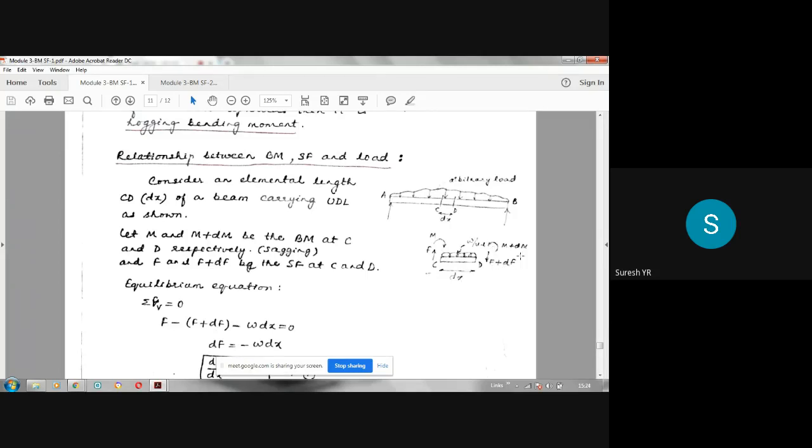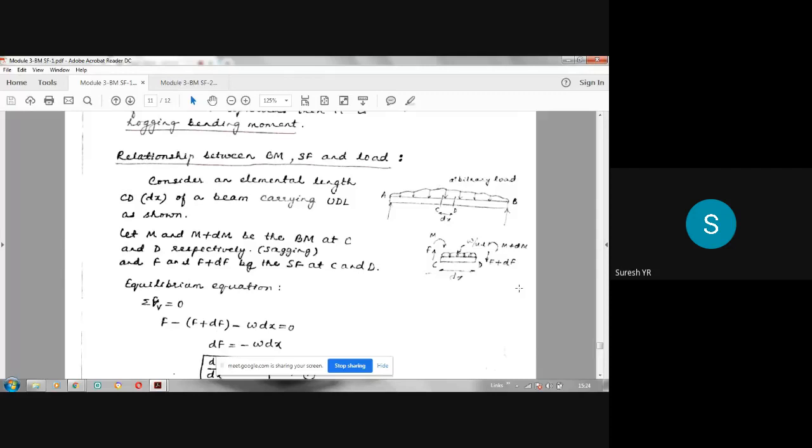I take this dF as the increase or decrease in that shear force, because shear force changes from point to point on the beam, just like bending moment. I take the bending moment at C as M, and the bending moment at D as M plus dM, just to identify that these two values are different. Instead of taking M1 and M2, I take it as M and M plus dM, and shear force as F and F plus dF.